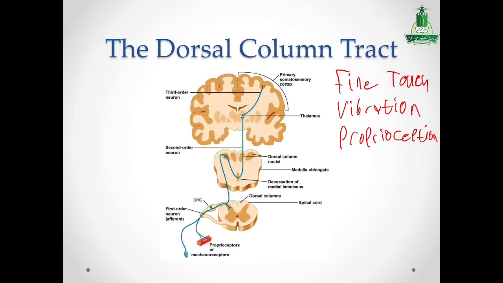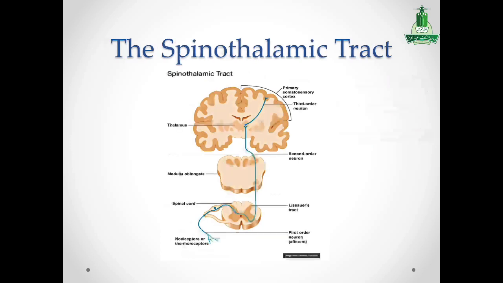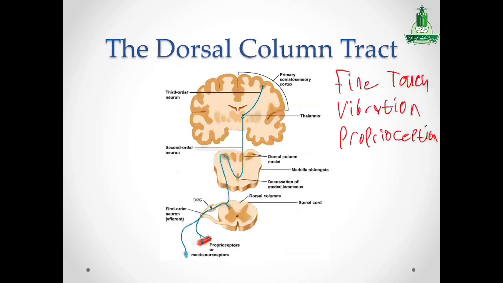So let's talk about the anatomy of the dorsal column tract. As we said, it's an ascending pathway. The information starts from the peripheral nerves, and here we have the first order neuron, the afferent neuron. It goes from the skin, where the receptors are, then follows the path of the first order neuron to the dorsal root ganglia, and from there it continues ascending until it reaches the medulla.